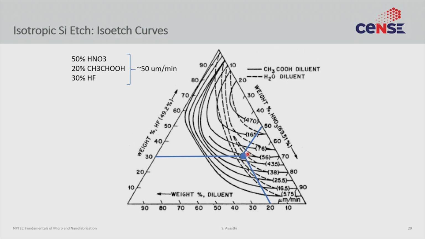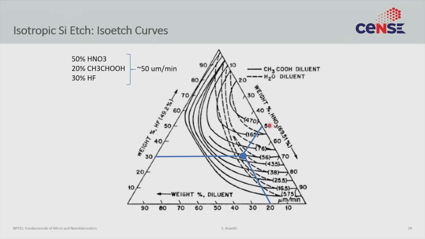Now the highest etching is achieved somewhere in this composition where you have a lot of HNO3 and a lot of hydrofluoric acid, so that's not surprising. So very little diluent, lot of nitric acid, lot of hydrofluoric acid leads to a lot of etching. So the peak etching, this contour represents all the compositions where the etching rate is 470 micron per minute. So you can essentially go through a whole wafer in a minute.